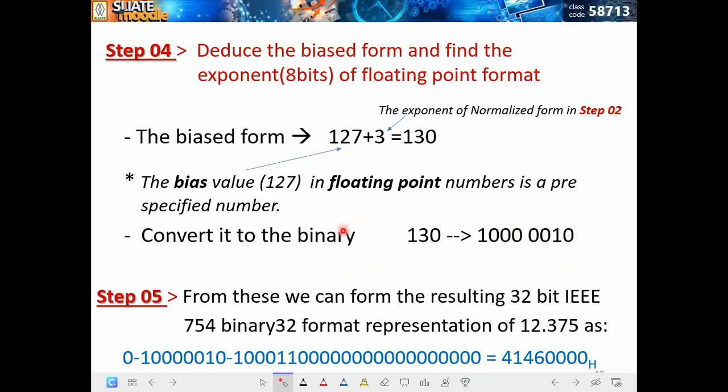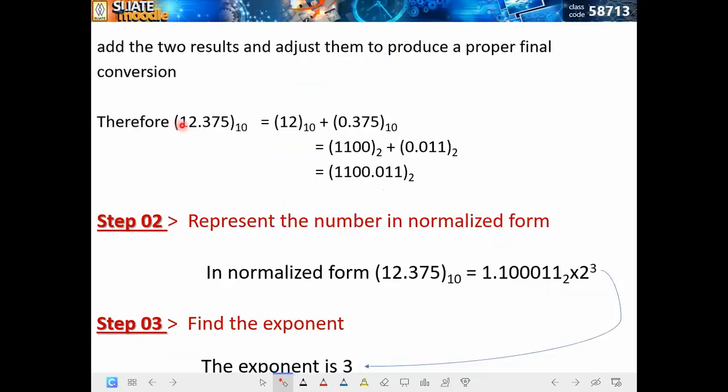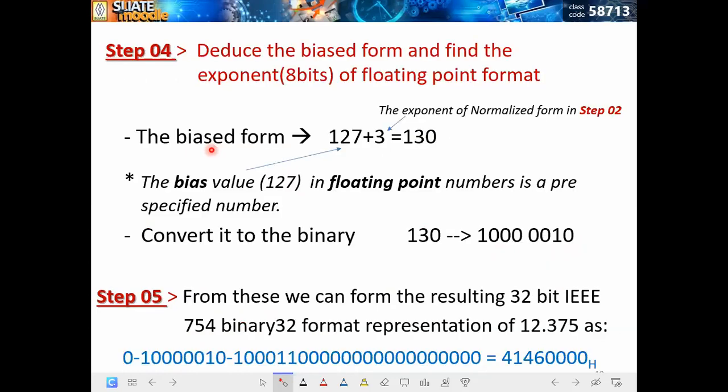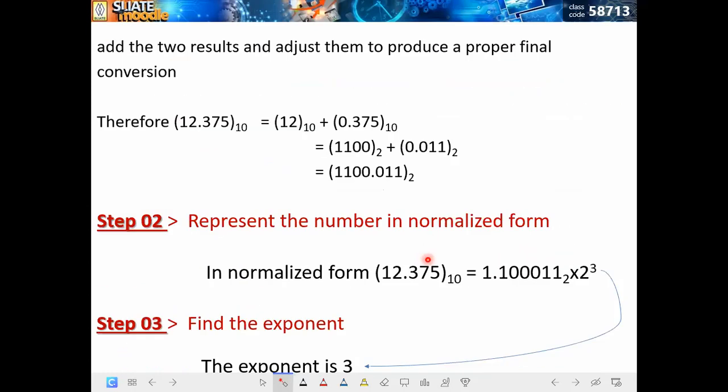As the given value 12.375 is positive, the sign is 0. Right? Then the exponent, we made the exponent. How did we make the exponent, students? Right, there is a procedure. We took the exponent which is there when you represent a number in normalized form.